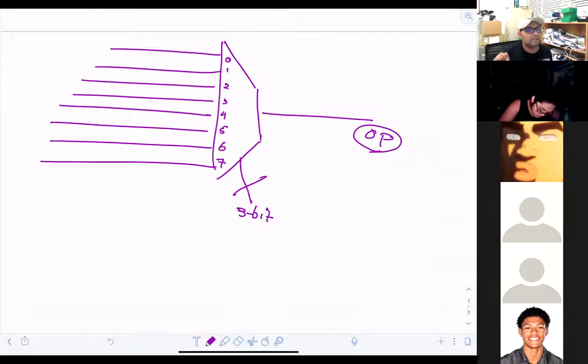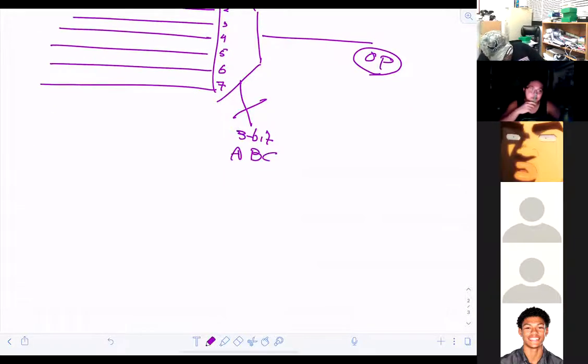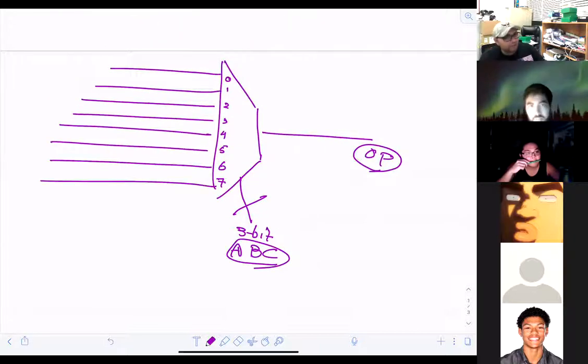Guess who will be the selector in this case? ABC. It's 3-bit. So when ABC equals 0, 0, 0, that wire would be connected, right?